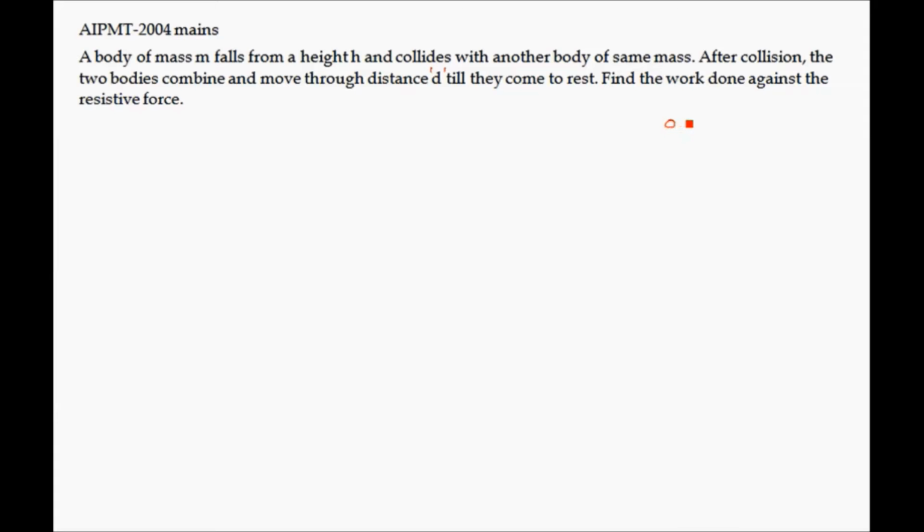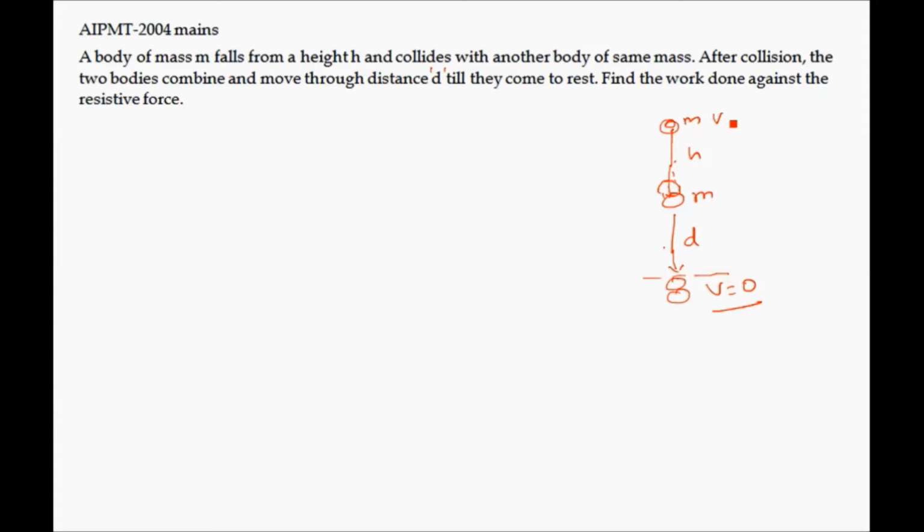So a mass m falls through a height h. Suppose this mass m falls through the height h, and here another body of mass m was kept in air and these two bodies collide. After collision, these two bodies move together through a distance d, then come to rest. So here these two bodies' velocity becomes 0.